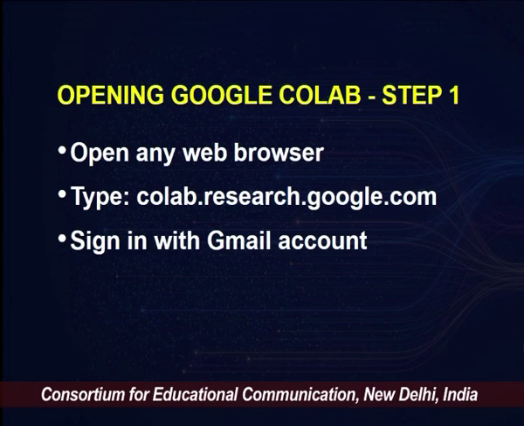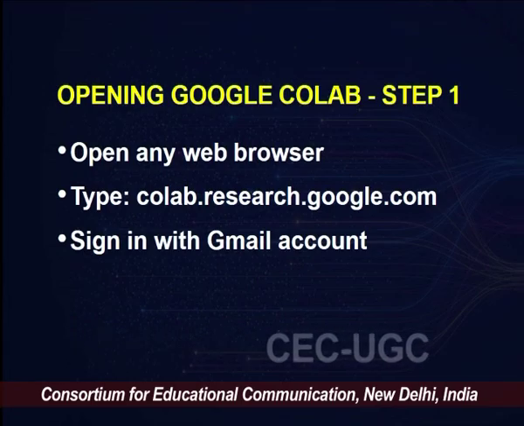Now, let's begin to understand Google Colab and open Google Colab in our web browser. So, the first step to open Google Colab is to open your web browser. In your web browser, you can type colab.research.google.com. Let me repeat the website link again.